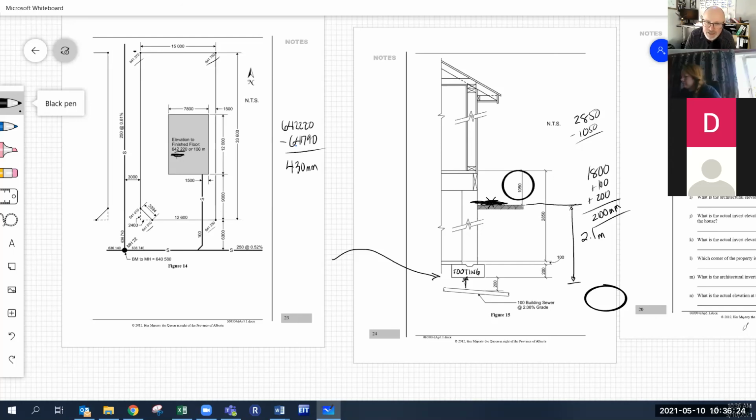The grade level here. So we have 100 meters for the architectural elevation right here, the top of the finished floor, and then we minus off 1.05 meters. That's the 1050 again, to get 98.95 for the last question.